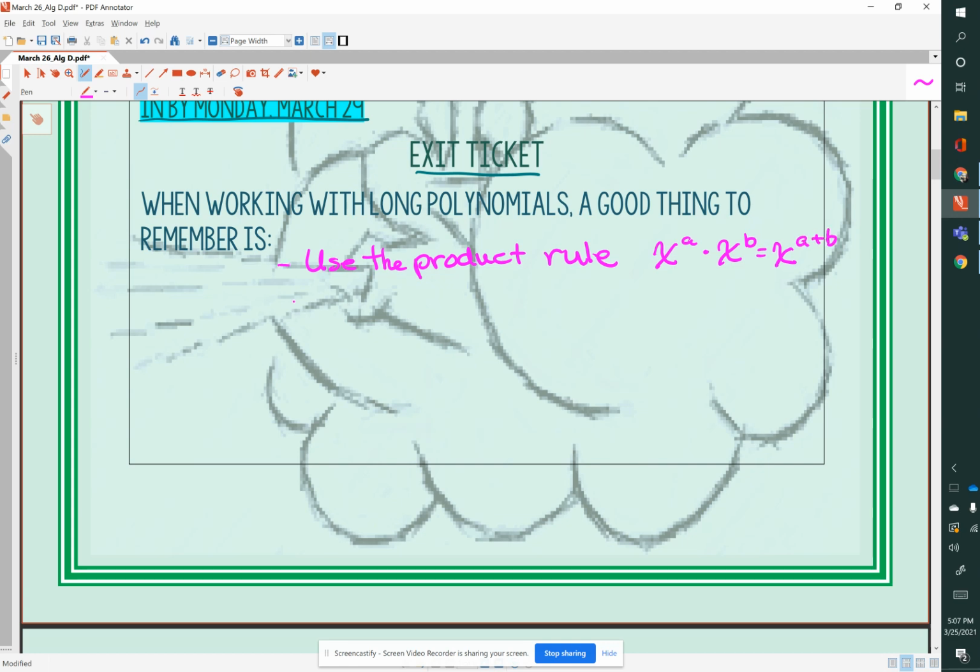And another good thing to remember is distribute carefully through parentheses. And then finally, the last thing I would say is careful with the signs, the positive and the negative signs.